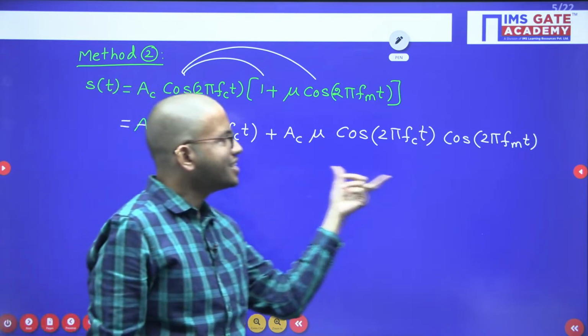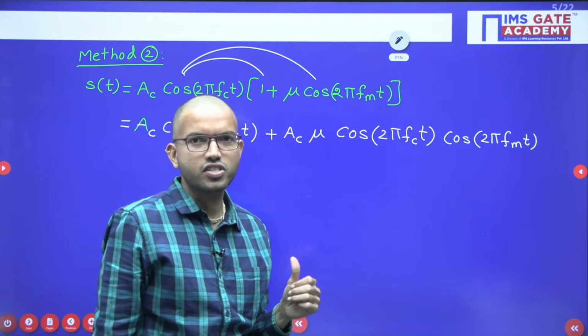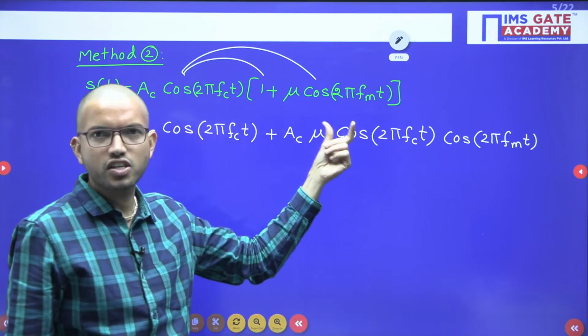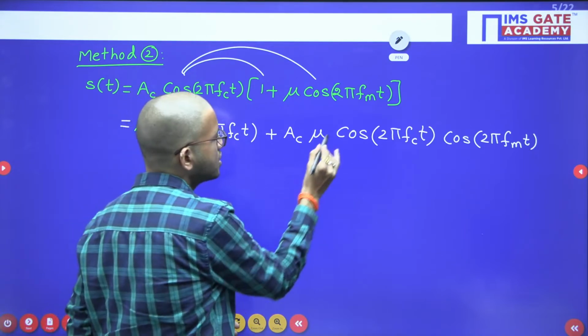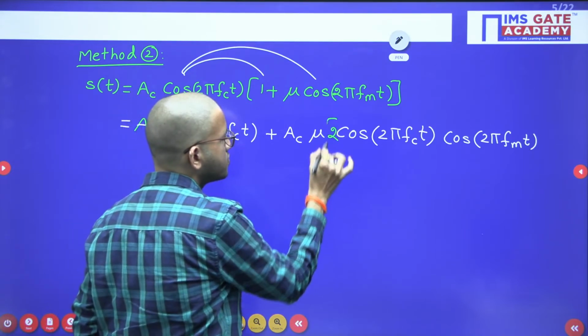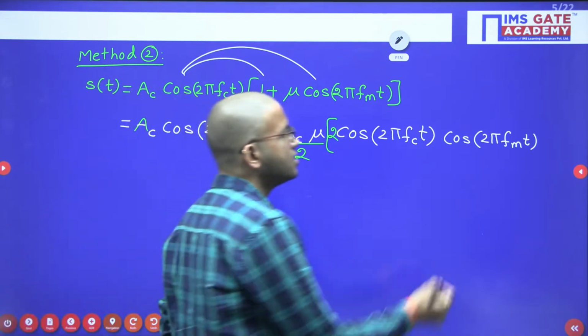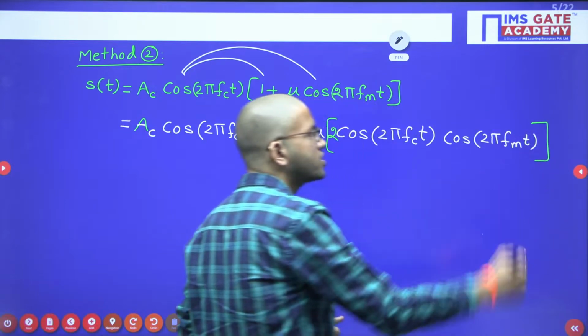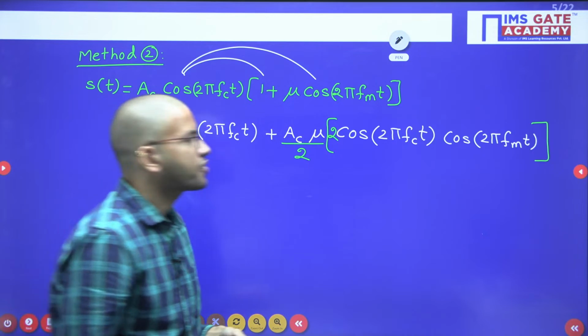Now you are getting one of the standard forms of trigonometric equation, like 2 cos A cos B. Here we don't have the 2, so I am multiplying and dividing with 2 so that we can get the standard equation regarding trigonometry, 2 cos A cos B.